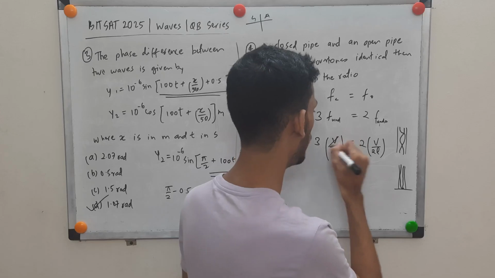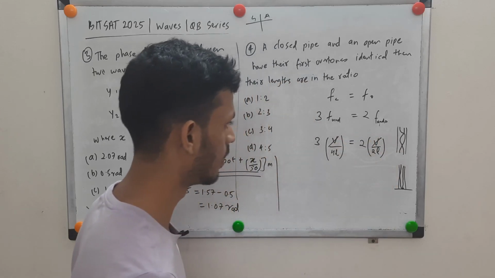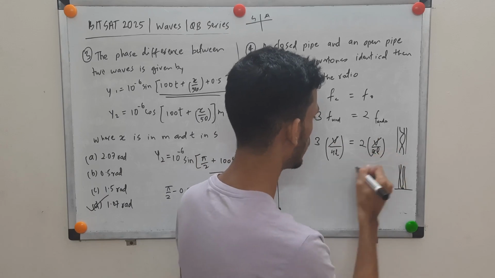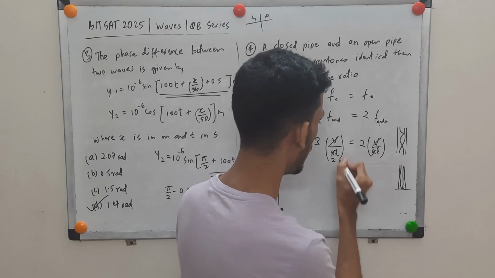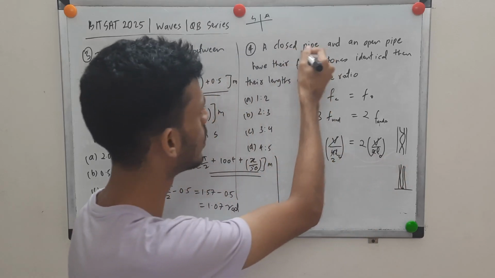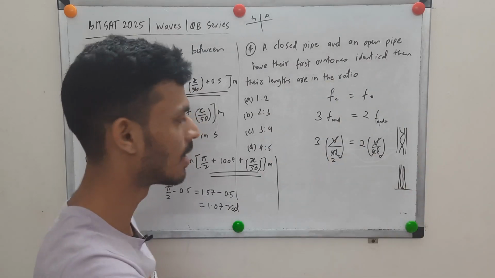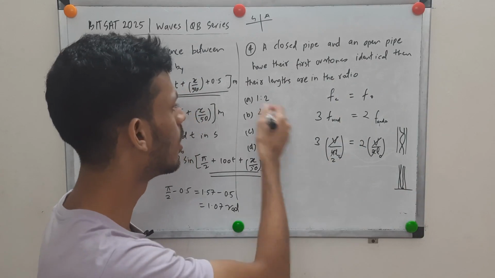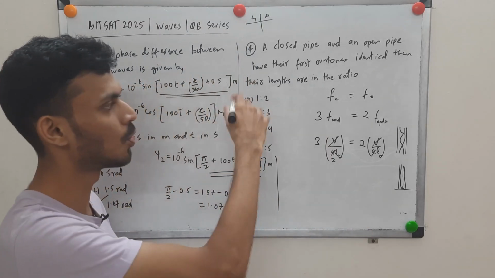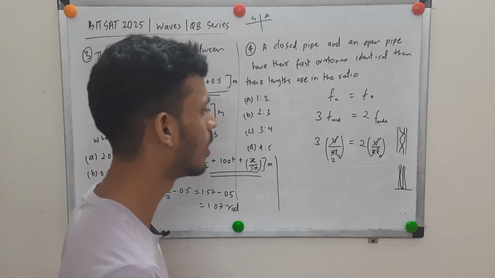Now let's solve it. V will be the same, the speed of sound, and what have we got over here? You can cancel this and this, 2 times, and this is for closed and this is for open. We'll take the ratio of closed by open, as mentioned in the question. For this question it won't cause any issue because you don't have 2:3 and 3:2 options.